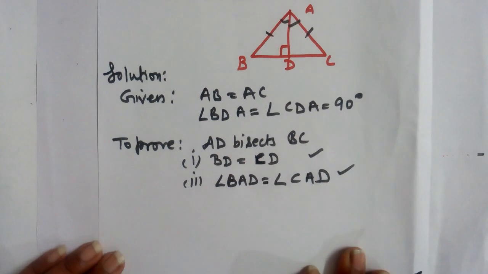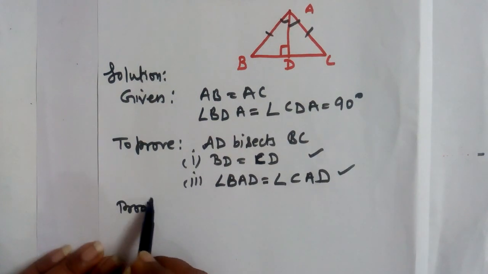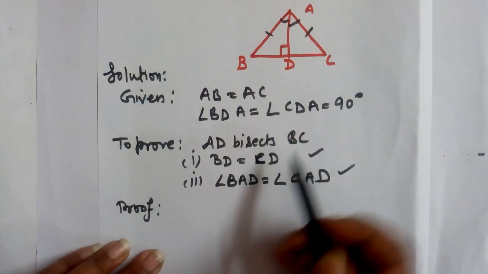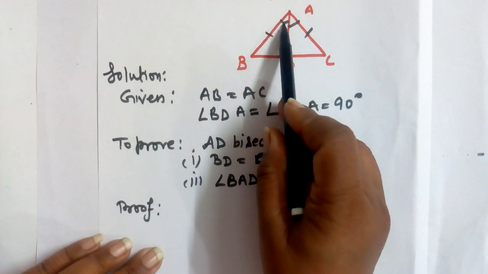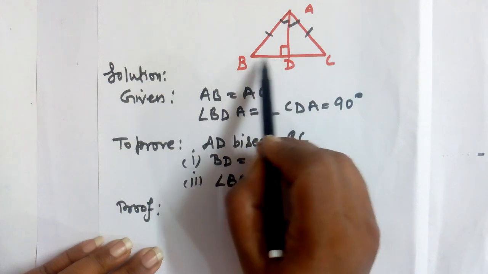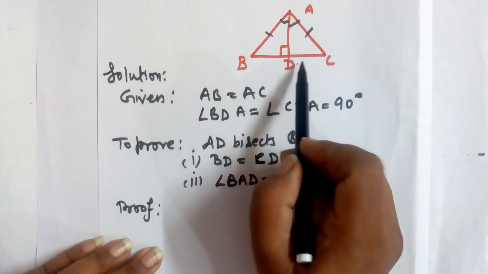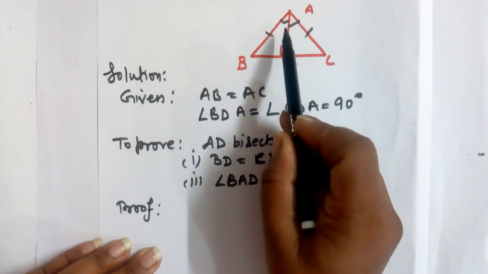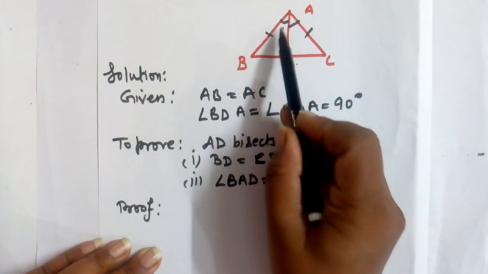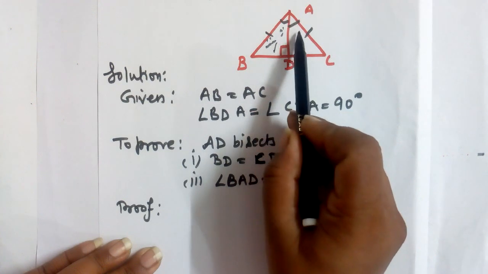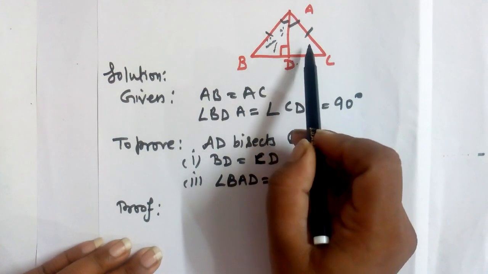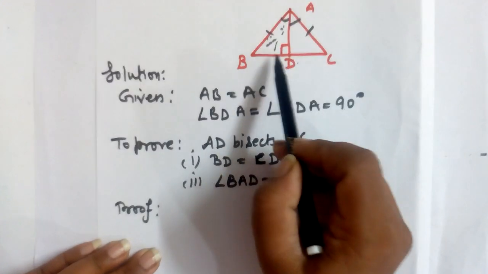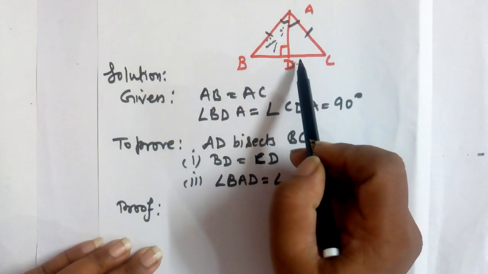Now come to the proof. We need to prove this angle is equal to this angle and this side BD is equal to CD. As we need to prove these two things, we will prove that this triangle is congruent to this triangle, that means triangle ABD is congruent to triangle ACD.